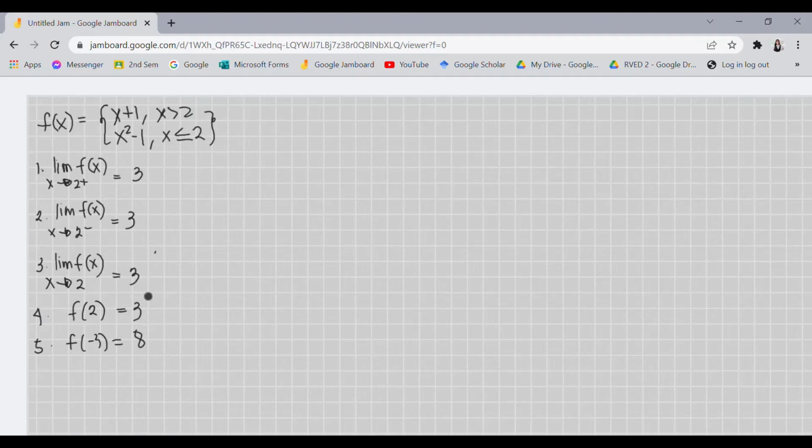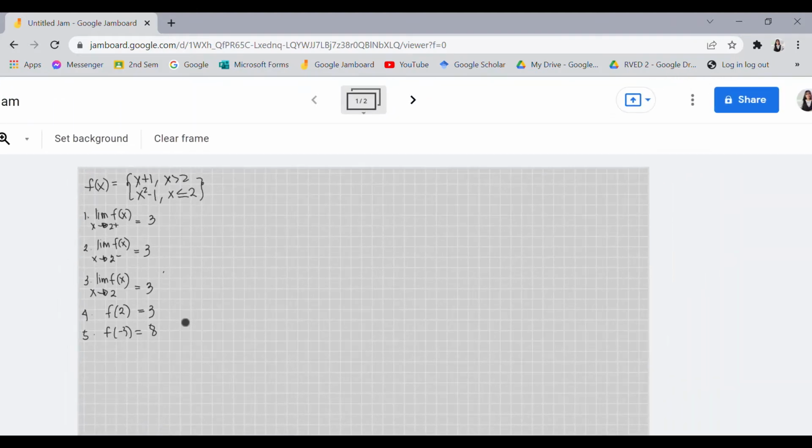When they are equal, the equal value is the limit itself. When they are not equal, the limit does not exist. And for questions like f of 2 or f of x, that means you are to solve the value of the function when you substitute this particular value inside the equation. Okay, so that is for this part.